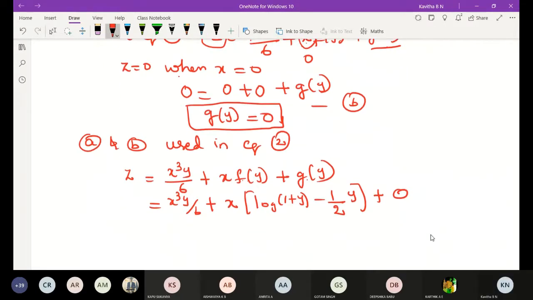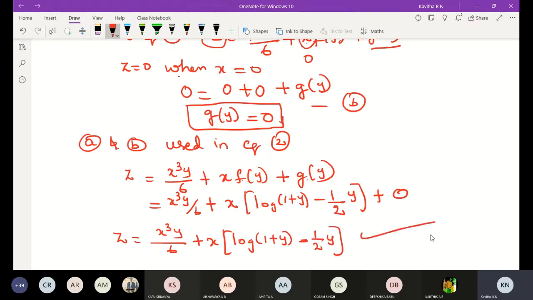Then z is equal to x to the power of 3y by 6 plus x into log of 1 plus y minus 1 by 2 into y. Okay, this is the required solution.